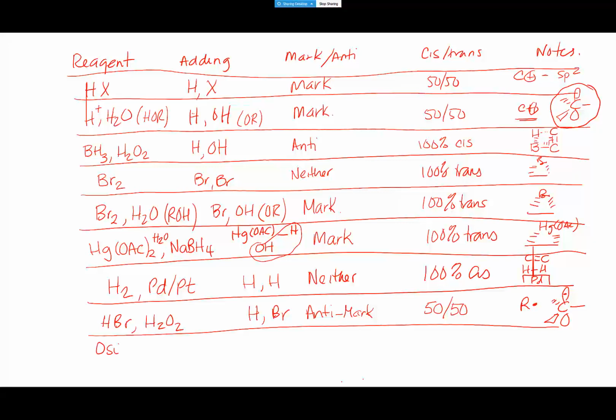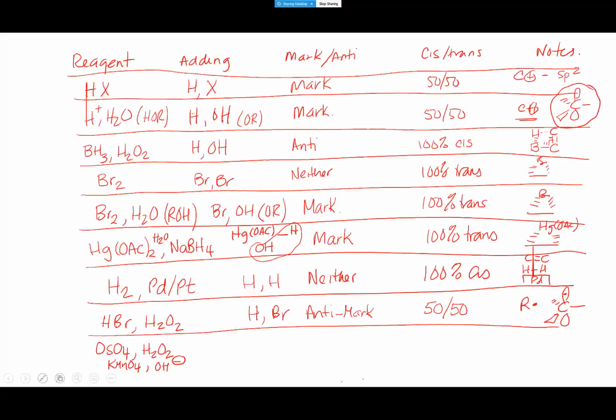We can use osmium tetroxide and hydrogen peroxide, or we can use KMnO4, and I usually say KMnO4 and base. So we use KMnO4 and hydroxide. So what are we adding here?